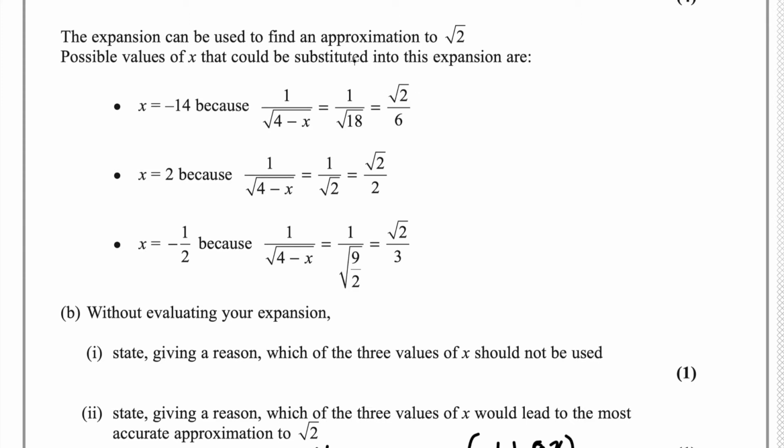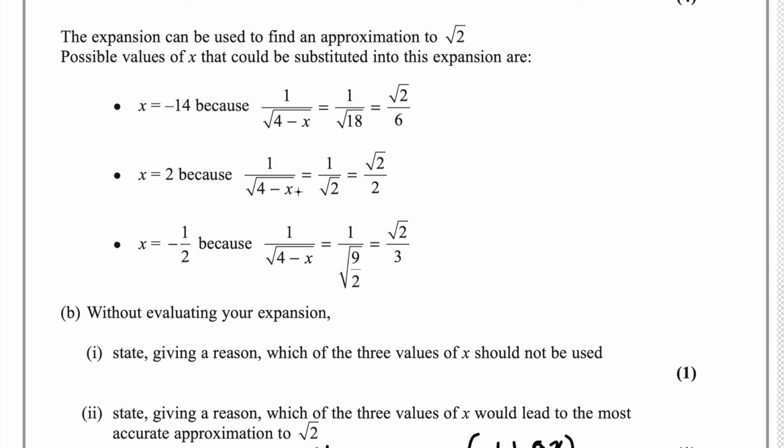Possible values of x that they have used are x equals minus 14, which is instantly wrong, and we shall go on to explain why, x equals 2, and x equals minus a half. So they end up with these expressions. For this, they can times it by 6 to get root 2. For this, they can times it by 2. And for this, they can times it by 3 at the end.